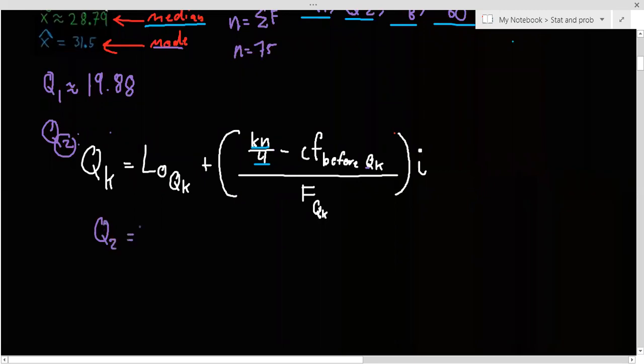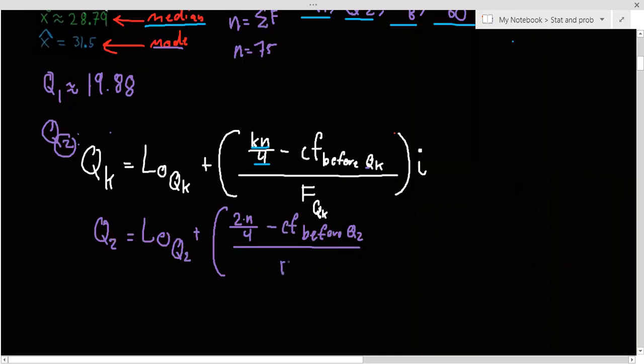So second quartile is equal to the lower boundary of the second quartile plus quantity 2 times n all over 4 minus cumulative frequency before the second quartile all over the frequency of the second quartile times i.